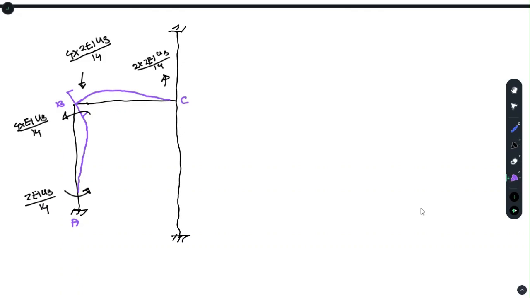The reactions will be upward and downward, and the value will be 6 multiplied by twice EI U3 over the length squared, which is 14 squared.